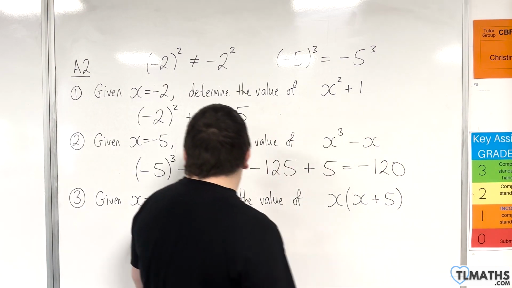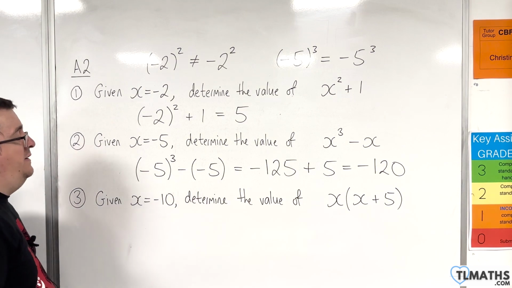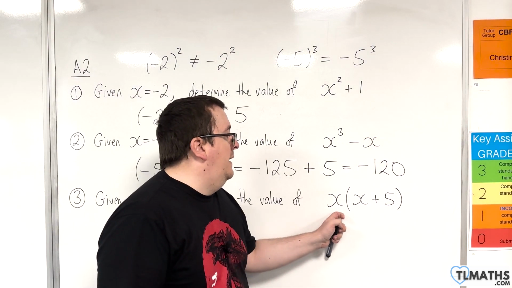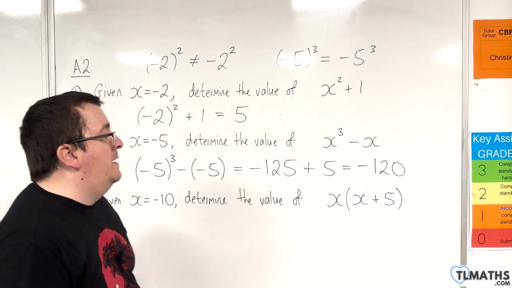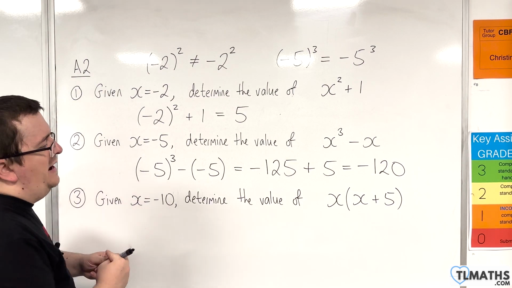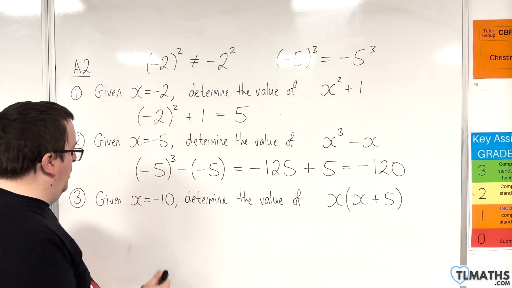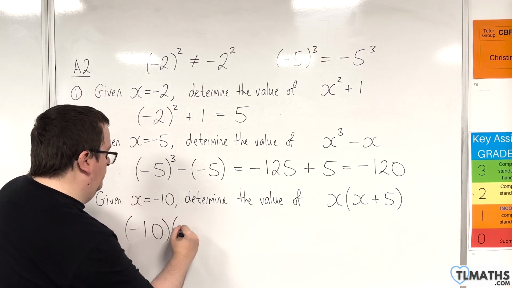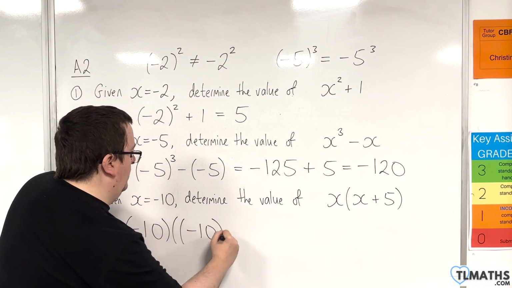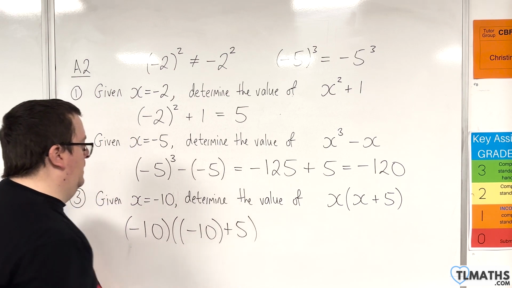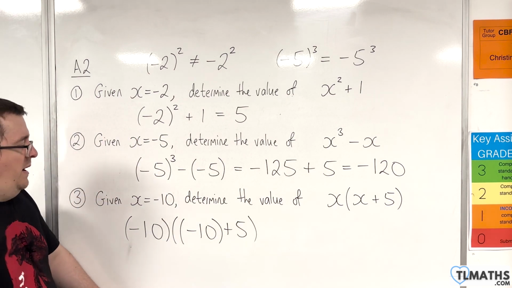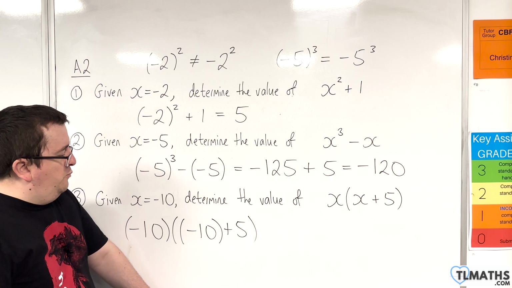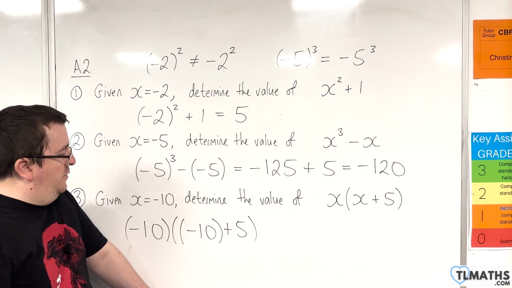Number 3, given x is equal to minus 10, determine the value of x times x plus 5. Now, yes, you could put brackets in here, like so. But to me, that's probably bracket overload.